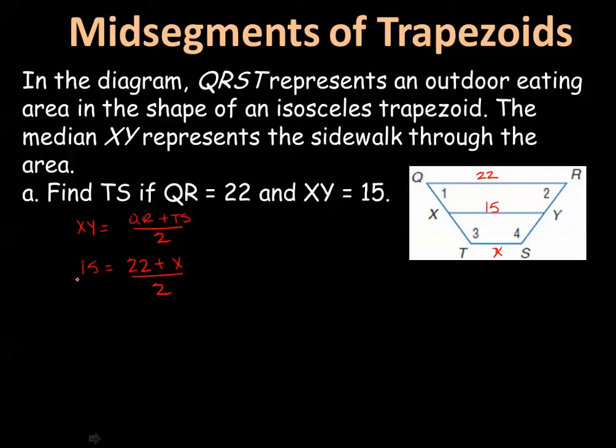Well, remember, you can always make that a fraction, and then we just do some cross multiplication. So we're going to have 30 equals 22 plus X. I'm going to subtract 22 from both sides. I'm going to get 8 equals X. So TS is 8.